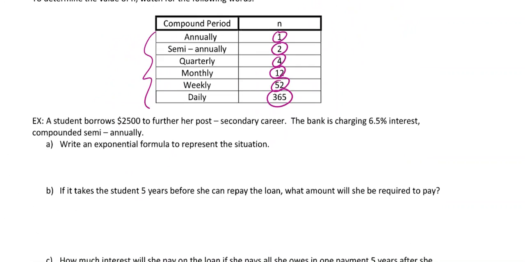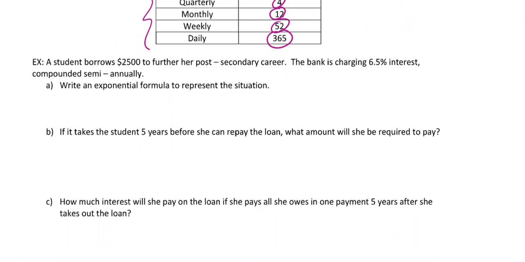Let's look at this example. It says the student borrows $2,500 to further her post-secondary career. The bank is charging 6.5% interest, compounded semi-annually. So write an exponential formula to represent the situation. Semi-annually means our compounding value is going to be 2.